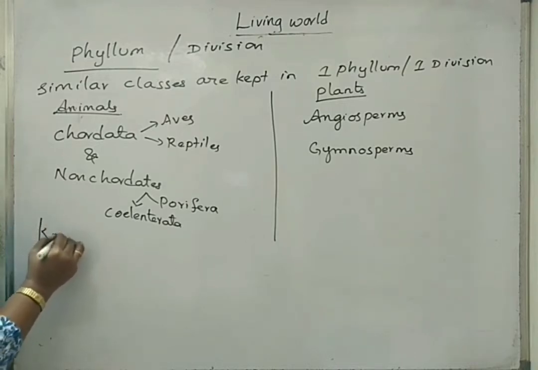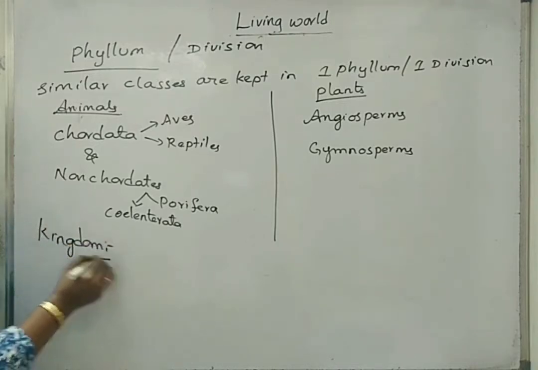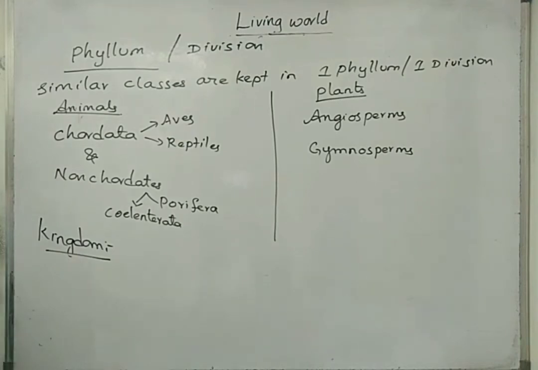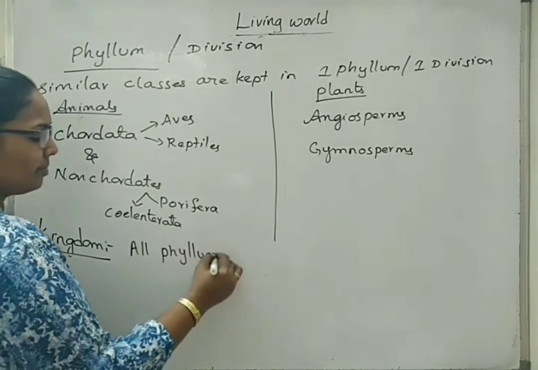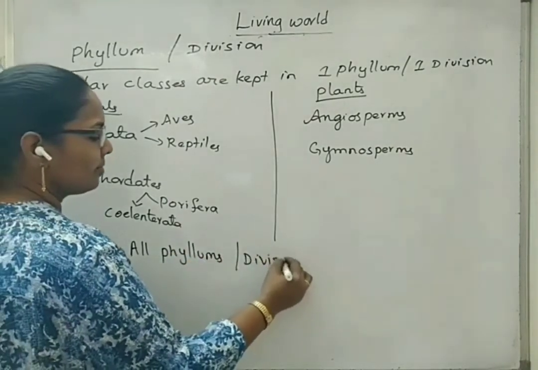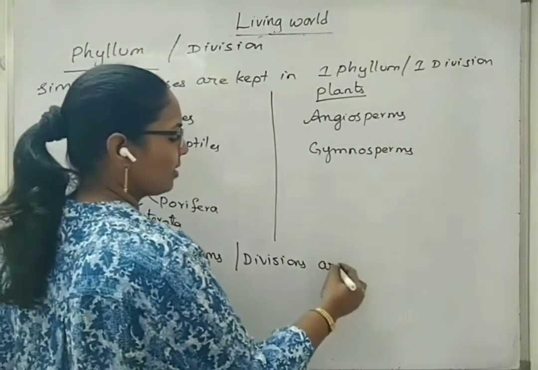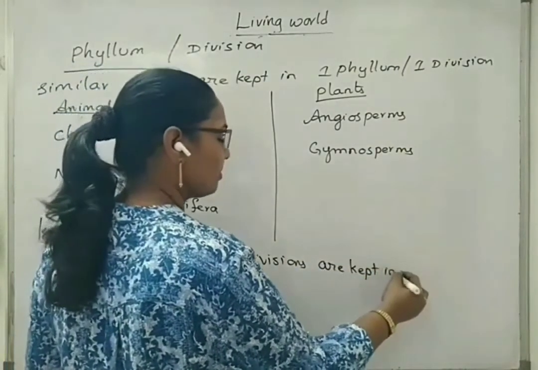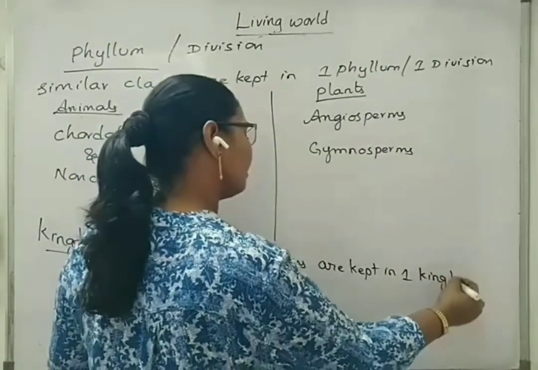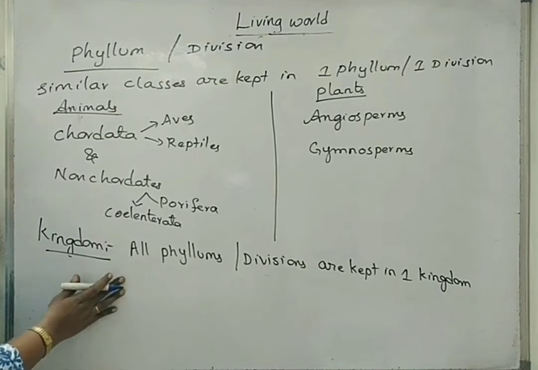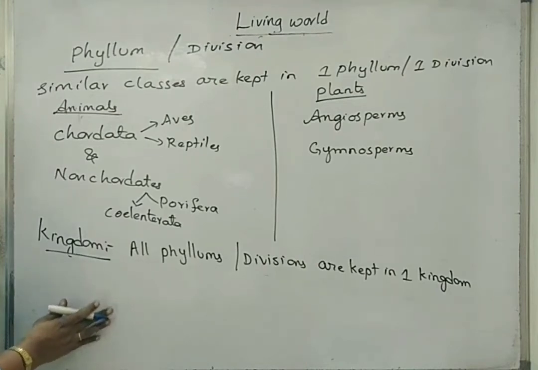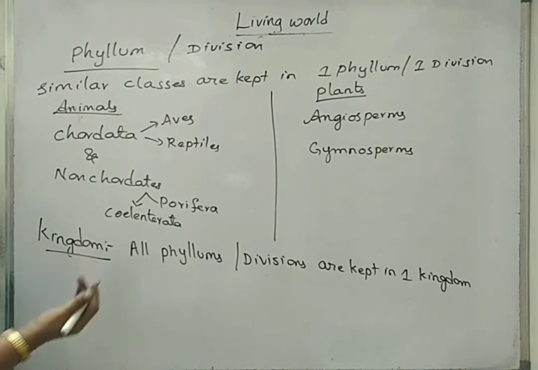The last one is kingdom, which has the highest priority in the taxonomic hierarchy. So all phyla, or divisions in case of plants, are kept under one kingdom. We can say here chordates and non-chordates are kept under Animalia. And in case of divisions, that is plants, the cryptogams and phanerogams are kept under Plantae.